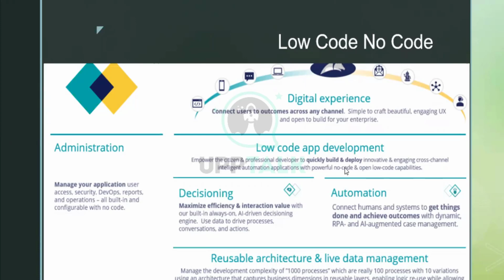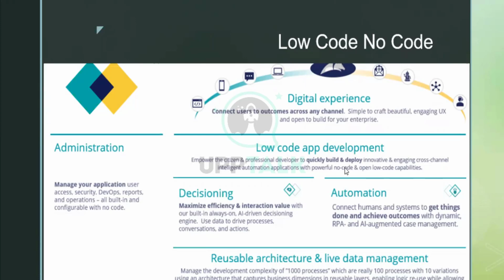No code is required, all the things are in place; you just need to know how to use and implement it. Based on our training, you will easily be able to understand and develop new things. And another thing is reusable architecture, and production live data management.